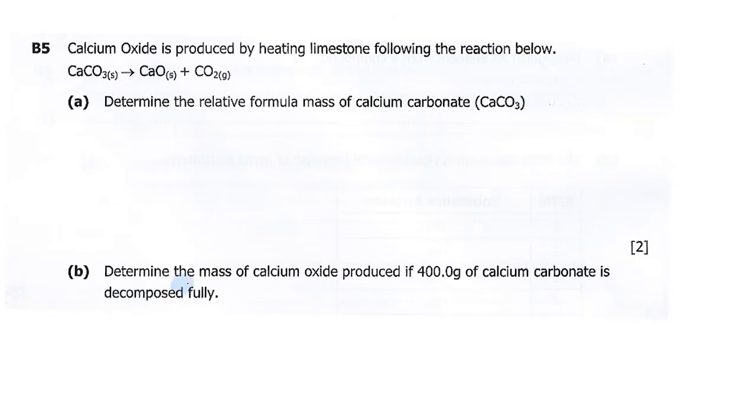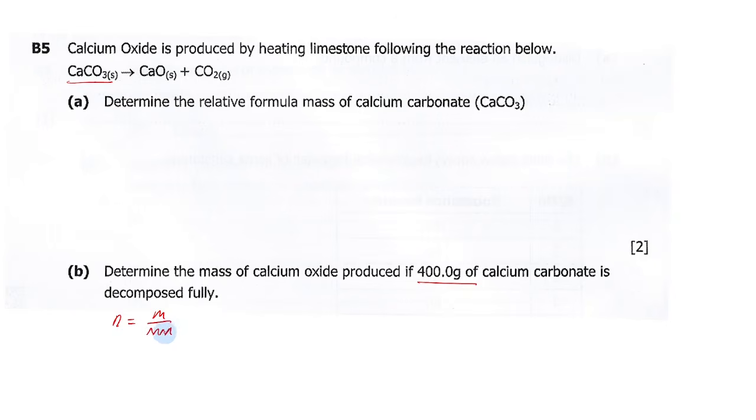It is first to find the number of moles, mole to mole ratio. You find the number of moles of calcium carbonate in that 400. So you know number of moles is given by mass over molar mass.